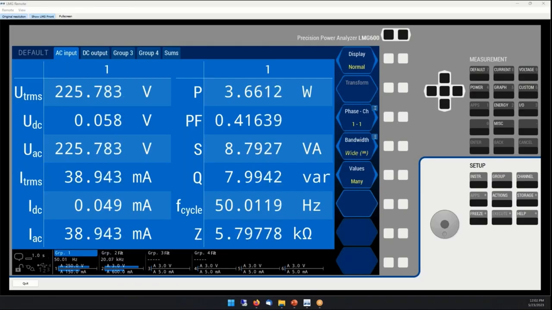Yes, and the second question is related to the probe that we can use in order to measure the current and the voltage, because in my experience, sometimes I have to measure on the medium voltage side in order to make the harmonic measurement according to the standard that I have already mentioned.